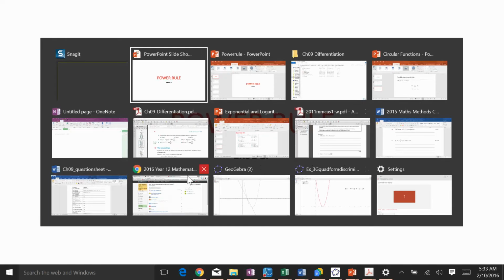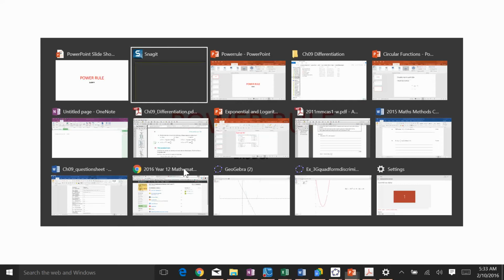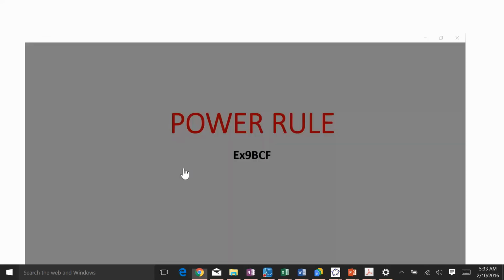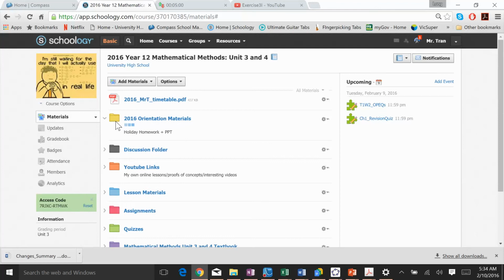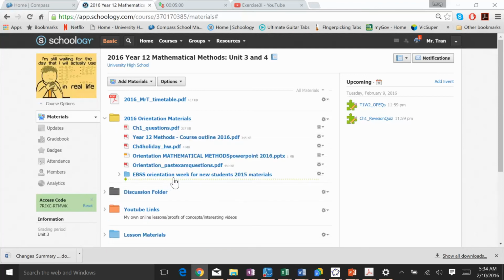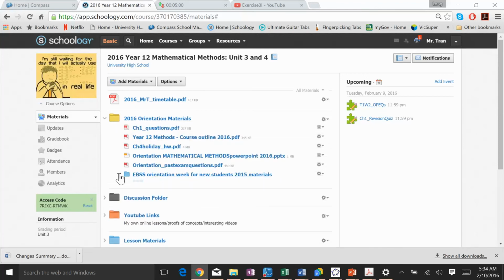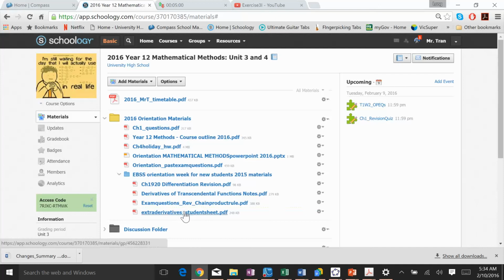Now, back in the holiday folder, I actually had some calculus revision. I'll show you. So many files here. Okay, in the orientation, if you have a look down here for new students in 2015, I actually covered the derivatives, and these are the worksheets.